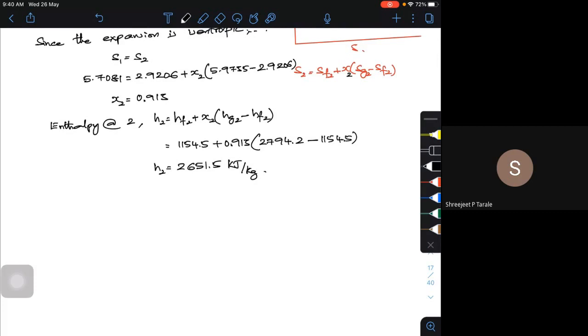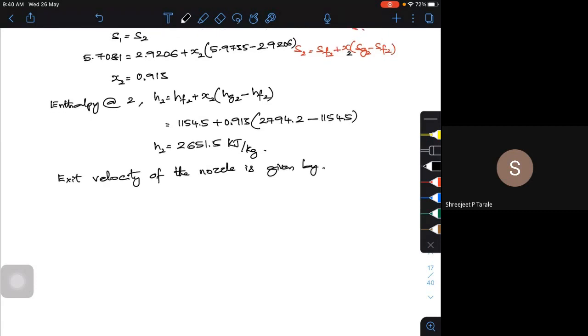Now what is the formula we know? The exit velocity of the nozzle is given by V2 is equal to 44.72 into square root of H1 minus H2.